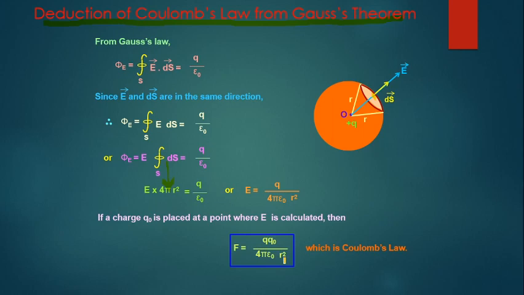So the force between q and q naught is q q naught divided by 4 pi epsilon naught r square. This is the statement of Coulomb's law.